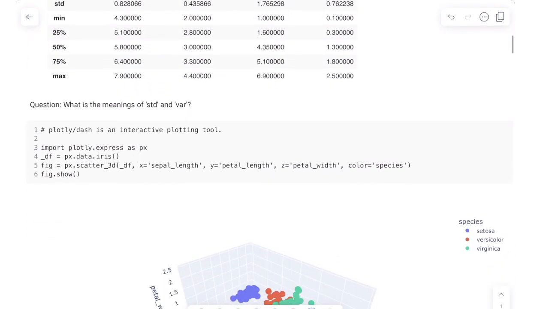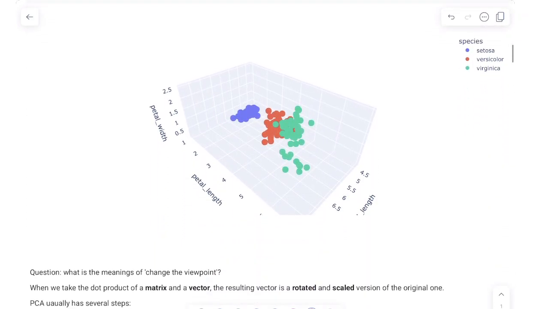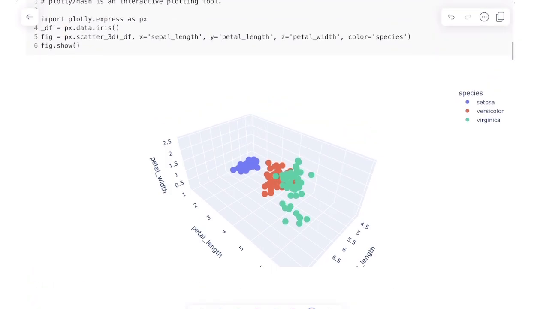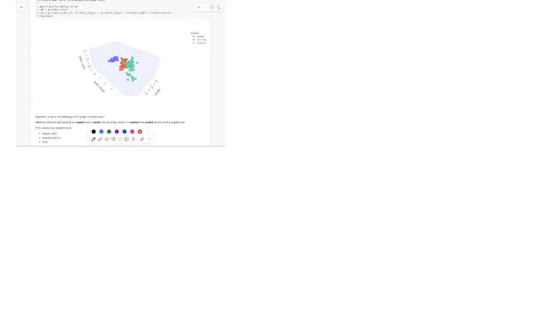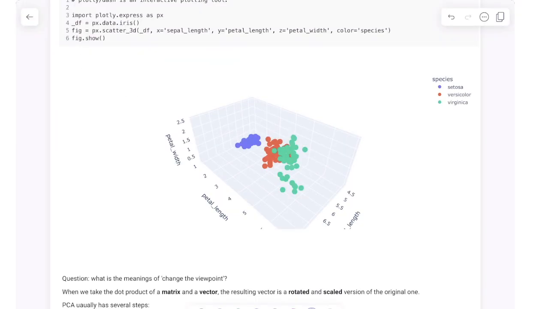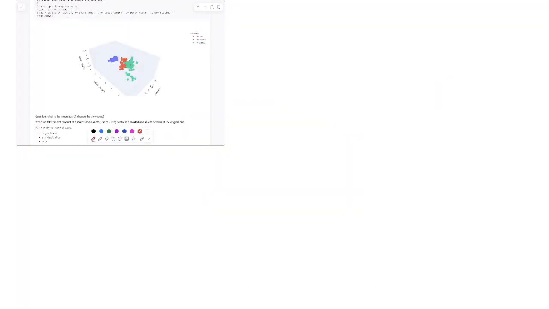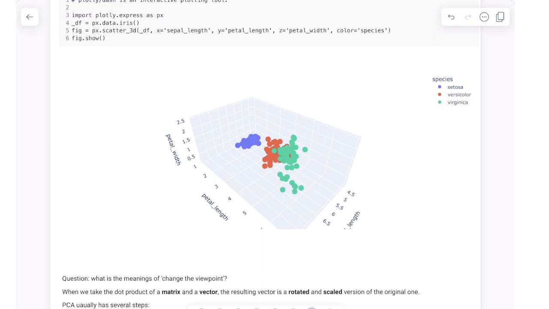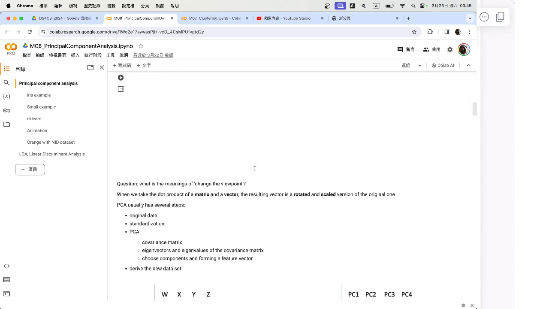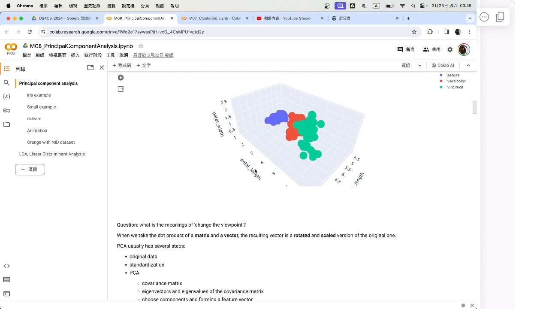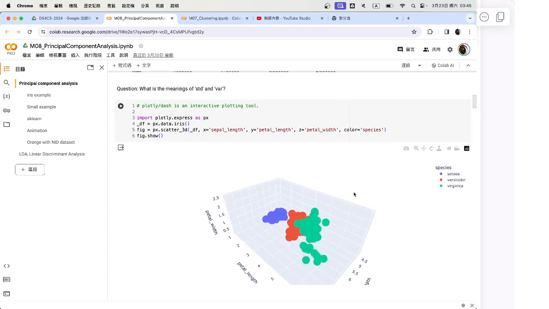Okay, so here we have an interactable figure. Sorry, let me execute it. Okay, so you can see that you can interact with this figure.